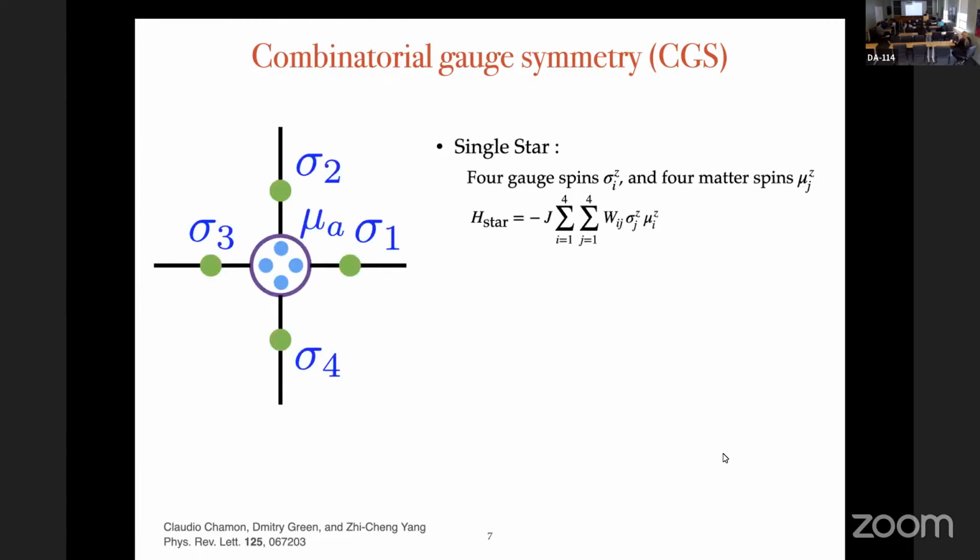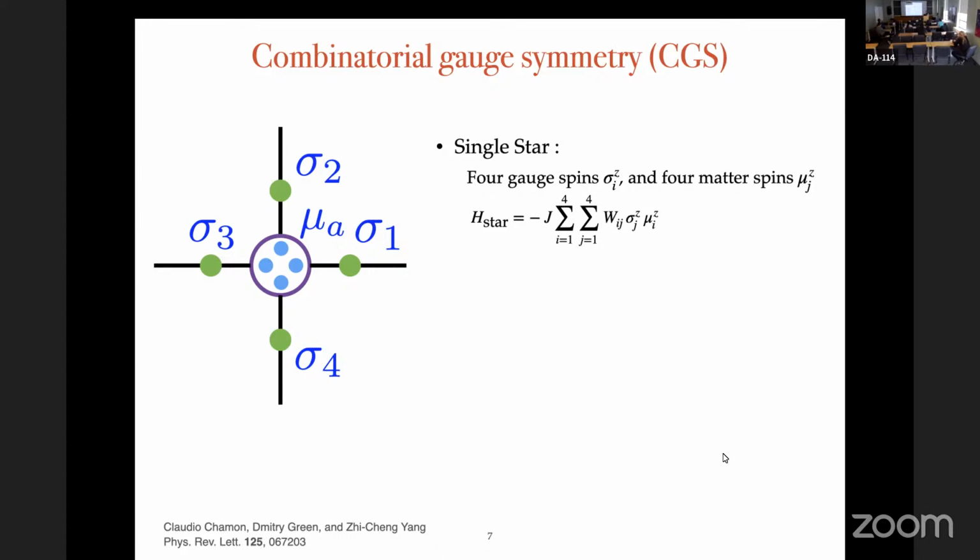Rather than having this conventional star term, for a single star here, we have 4 gauge spins colored in green on the links and 4 matter spins mu sitting on the vertex. So the star Hamiltonian is basically the interaction of the sigma term with gauge spins and the matter spin.